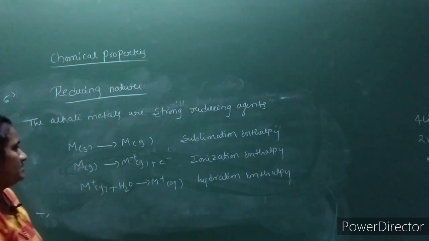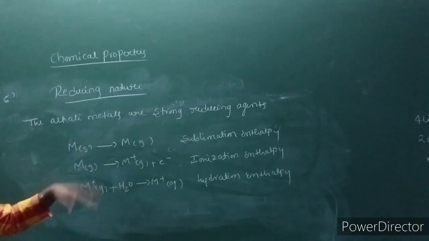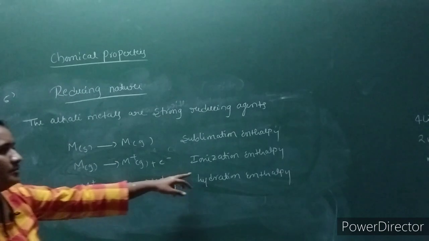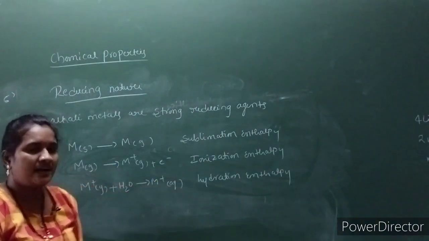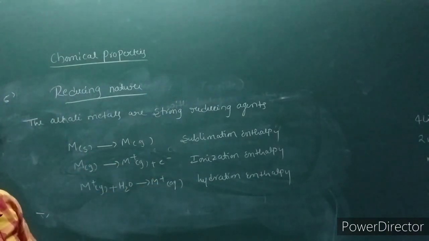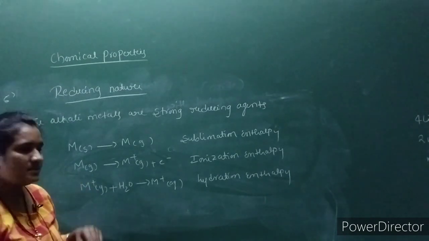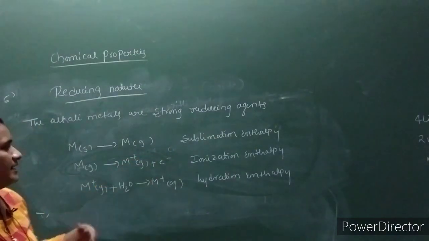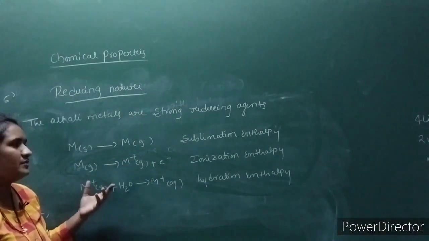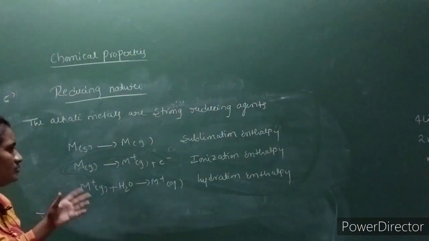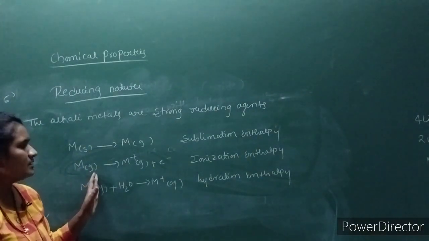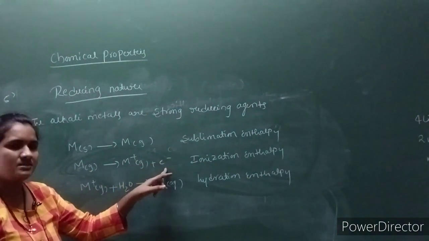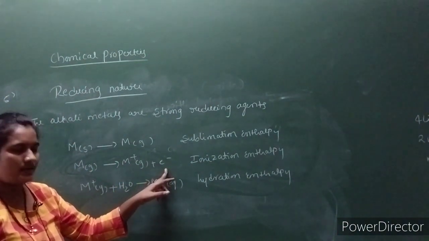In this way the alkali metals show sublimation enthalpy, ionization enthalpy as well as hydration enthalpy. Sublimation enthalpy is the amount of energy required to convert solid molecules into the gaseous phase, and ionization enthalpy is the amount of energy required to remove the outermost electron from the metal. So we remove the electron from alkali metals, and as a result it loses one electron.